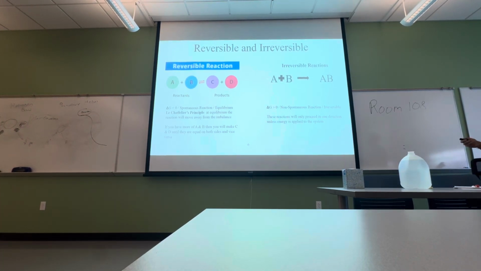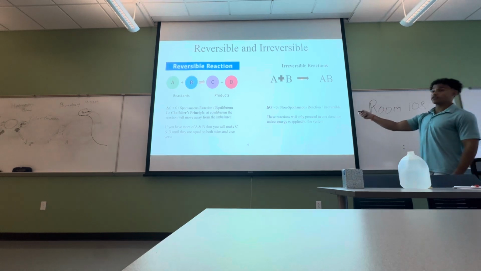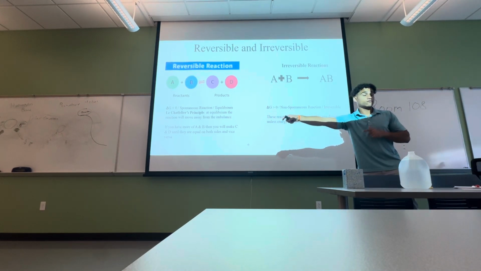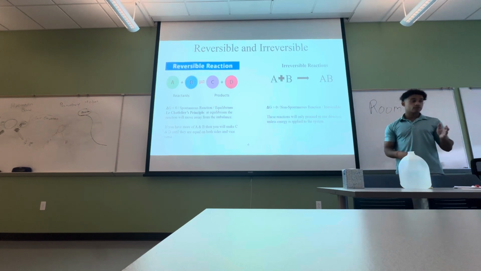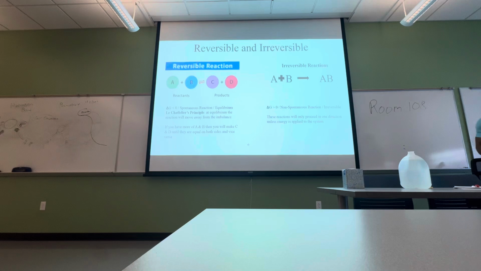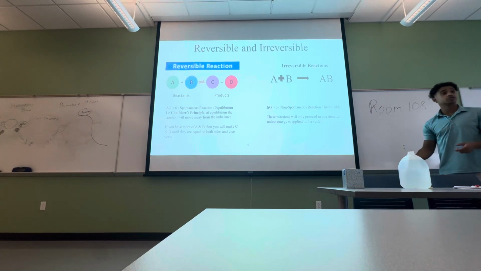Now, there are some reactions that are irreversible, and typically these are the ones that require energy. Okay? And so when you see an arrow like this, it means that the reaction will only occur that way, for the most part. Now, I don't want you all to get confused that you can go back, even in an irreversible reaction, but it just requires a little bit more energy.